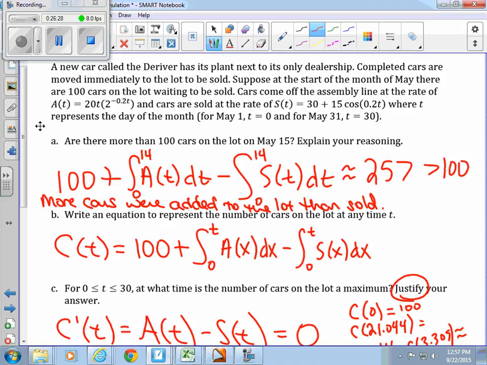Times 2 raised to the negative 0.2 x dx, minus the integral from 0 to 21.044 of s of t.